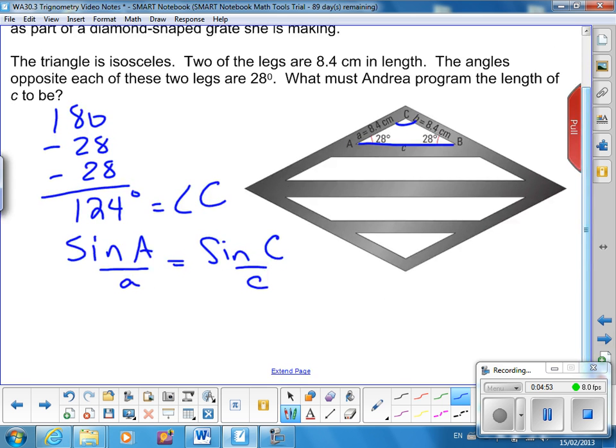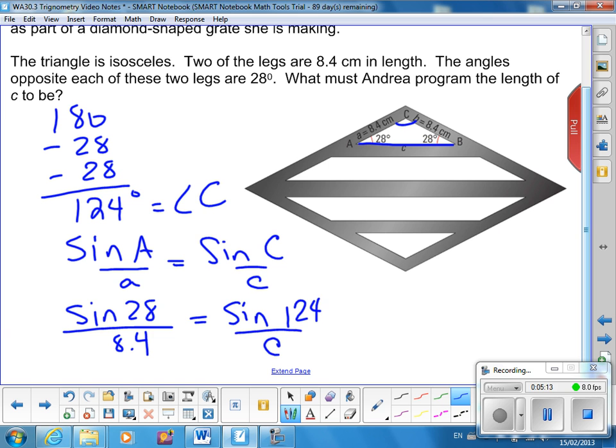Plug in the numbers. Sine of A is 28, sine of 28 degrees over 8.4. And we have the sine of C is 124, and the side c we don't know.